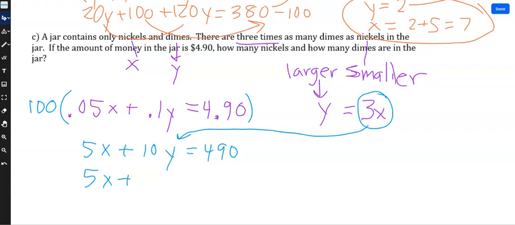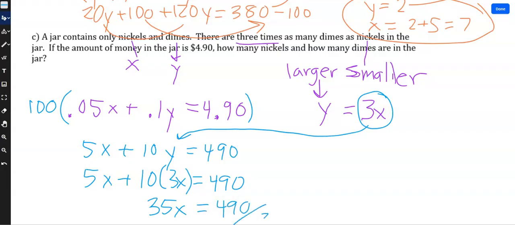So 5x plus 10 times 3x equals 490, which is 35x equals 490. And then if I divide by 35 on both sides, I find out that we get an x value of, I think it's 14.